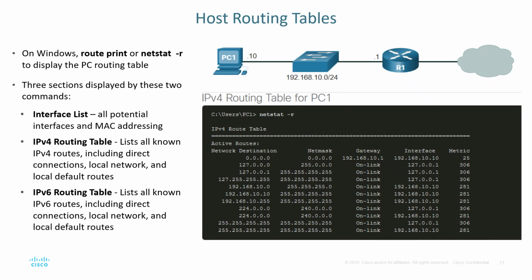Now, what they're showing you here on every PC, okay, all your PCs have their own routing table. So in this example, we're looking at the routing table for PC1. You need to start to get used to understanding what these diagrams are showing you.